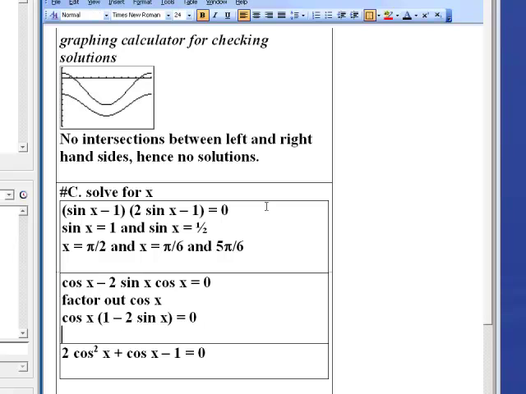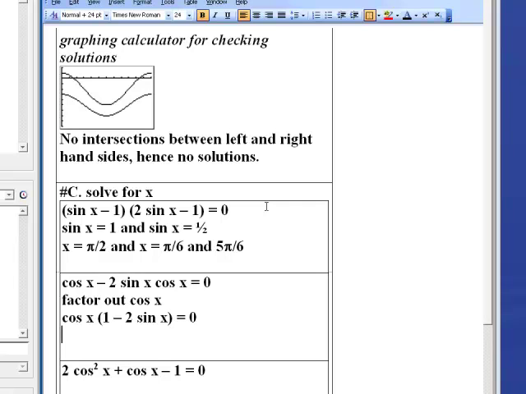Okay, so we're going to have, of course, for the solutions here, in order to get a 0 on the other side, we have cosine x equals 0. It's easily overlooked, but that is a solution. When the cosine is 0, we come up with a true statement, so that must be a solution.